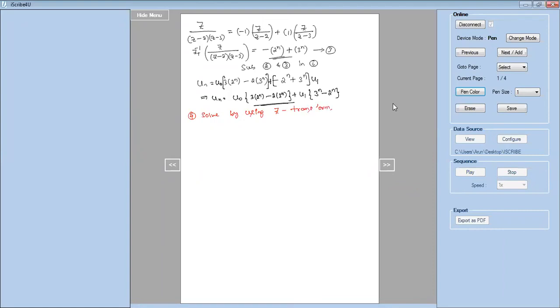The equation is un plus 2 minus 6 into un plus 1 plus 9 into un is equal to 3 power n, given u0 is equal to 0 and u1 is equal to 1.